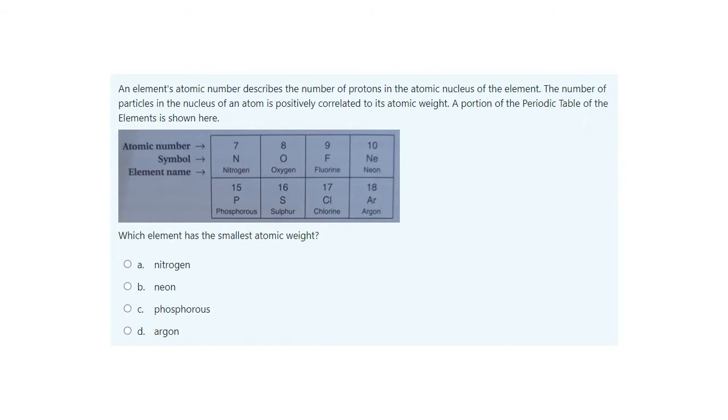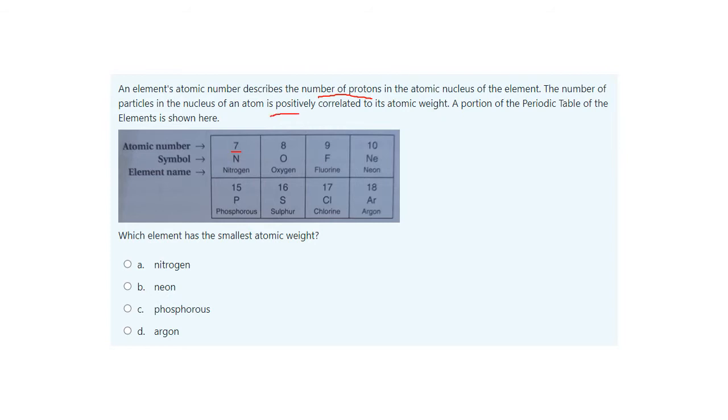Now, an element's atomic number describes the number of protons in the atomic nucleus of the element. The number of particles in the nucleus of an atom is positively correlated to its atomic weight. A portion of the periodic table is shown below. So we have the atomic number, which is the number of protons, and it is also the number of electrons.